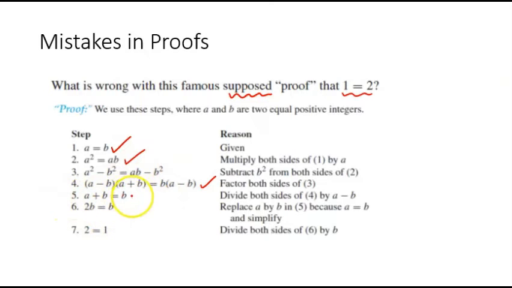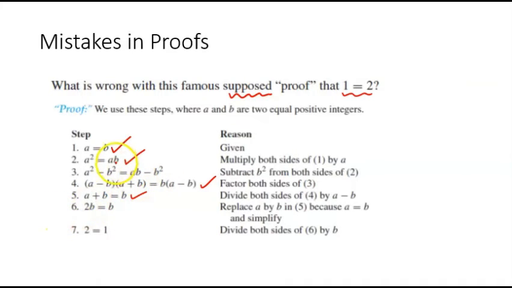In the fifth step, we notice that we have a common term, a minus b, on the left hand side and a minus b on the right hand side. So we divide both sides by a minus b, and what we get is a plus b is equal to b.